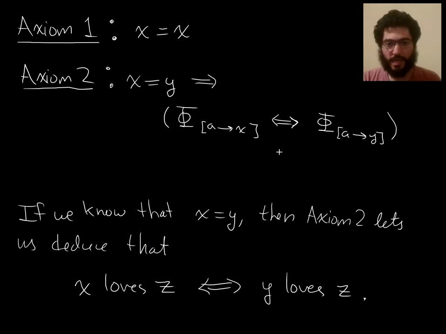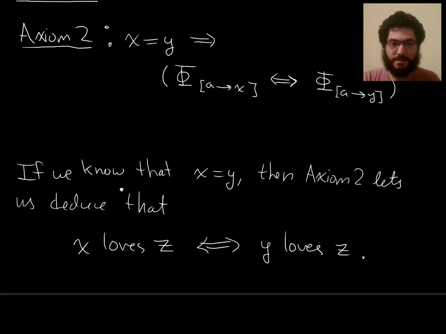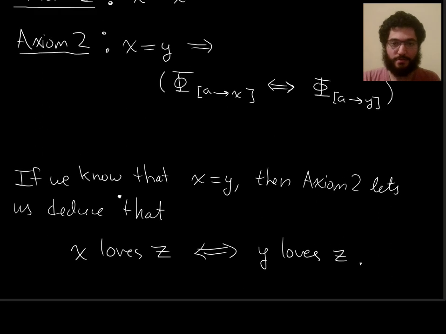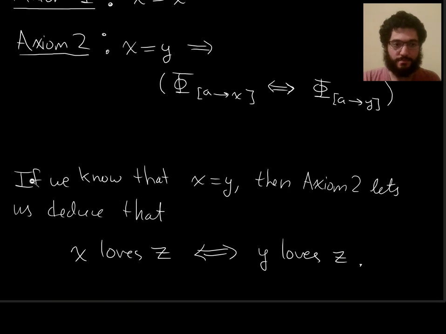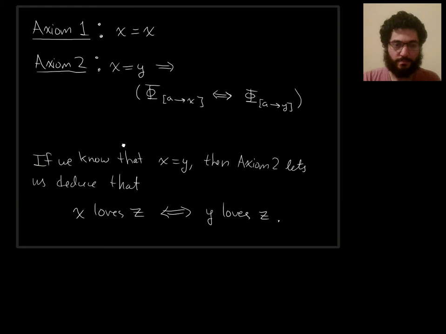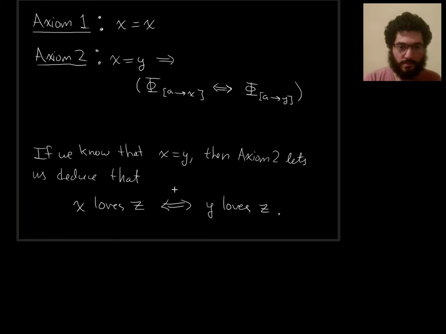Mechanically, how am I getting this out of axiom 2? I'm applying axiom 2 to a particular choice of x, namely x, a particular choice of y, namely y, a particular choice of a, namely a, and a particular choice of phi. Let me be clear about what choice of phi I have made.